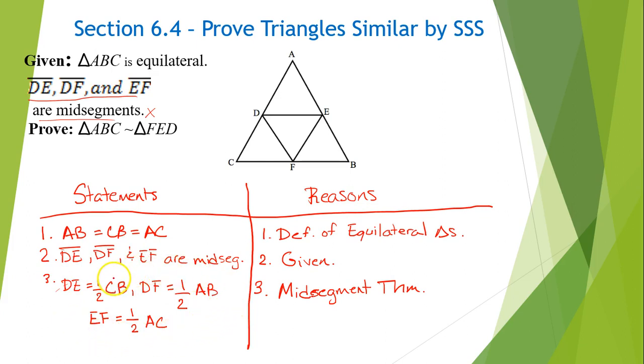To show that each side of triangle ABC is proportional to triangle DEF, we need to solve each one of these equations by dividing both sides by CB, then this one by AB, and then by AC. You'll see where we go from that. So let's do that in the next step.